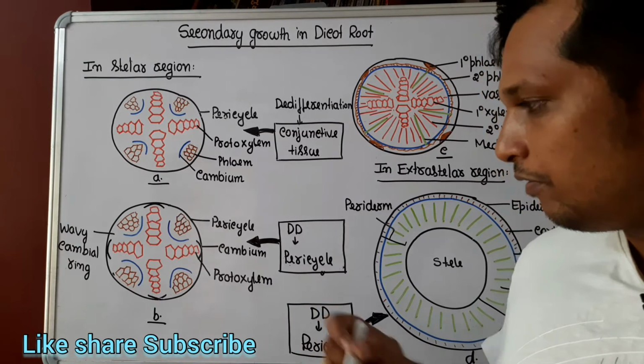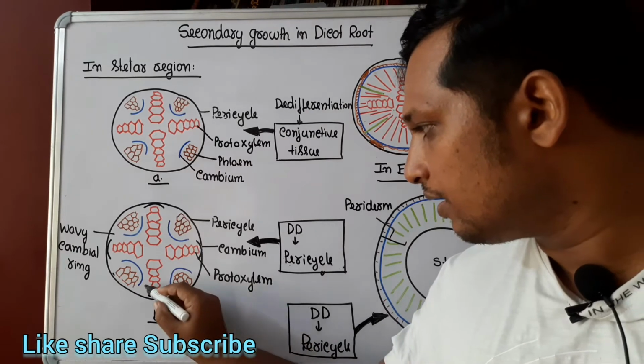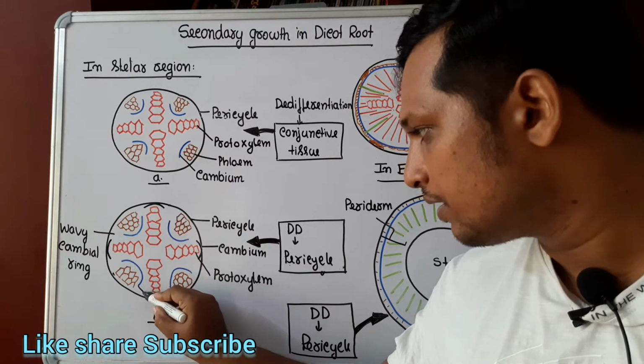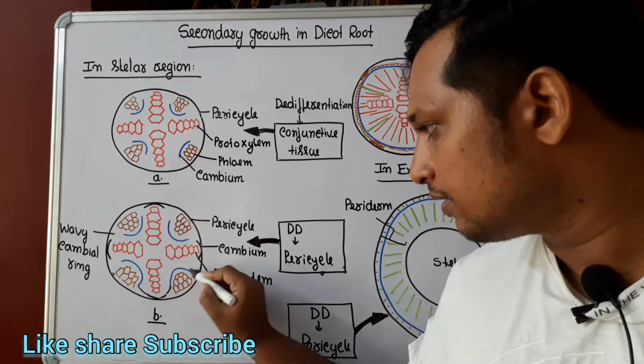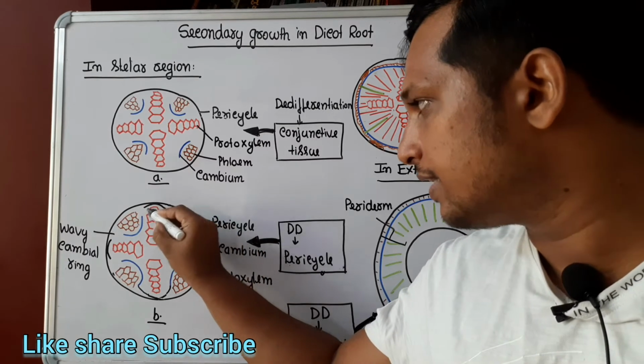After which there will be dedifferentiation of conjunctive tissue to form cambium, and here they will join as they dedifferentiate.